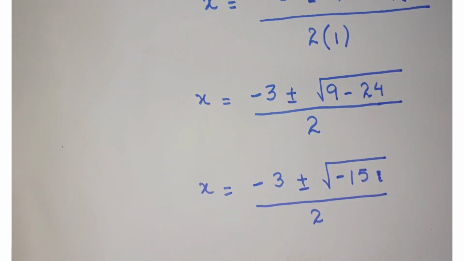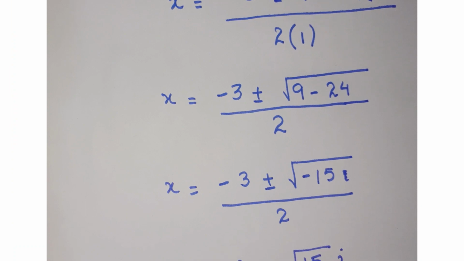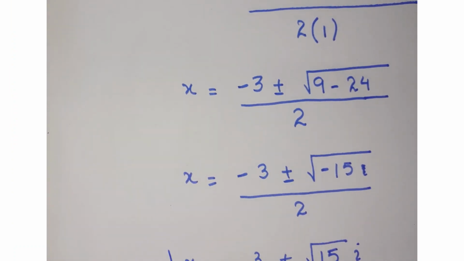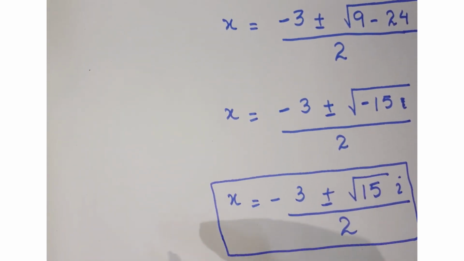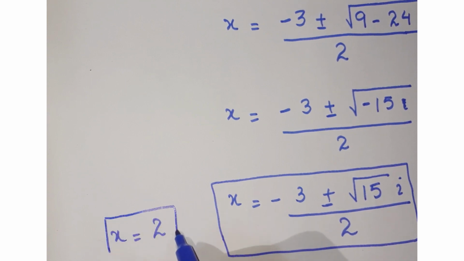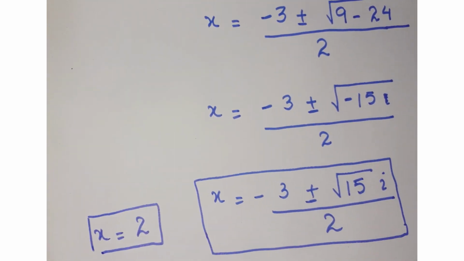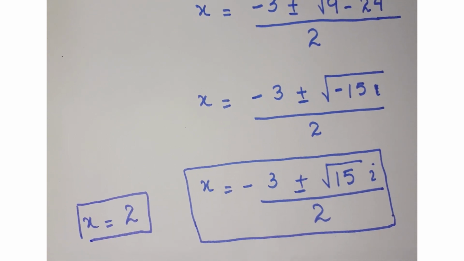Now here you can write this root of minus 15 as root 15 i. So we have two imaginary roots of x and the other root of x is equal to 2. And this is the solution.